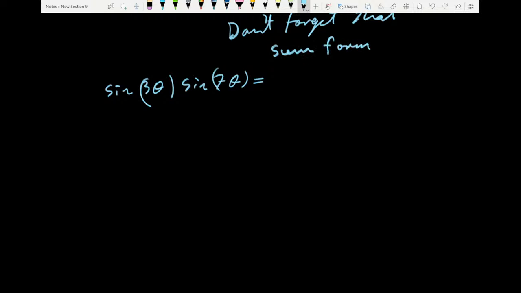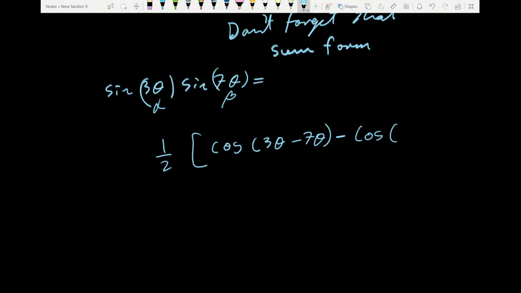So according to the formula, if this is alpha, this is beta, we have 1/2 times cosine of 3 theta minus 7 theta, which is alpha minus beta, minus cosine of alpha plus beta, which is 3 theta plus 7 theta.